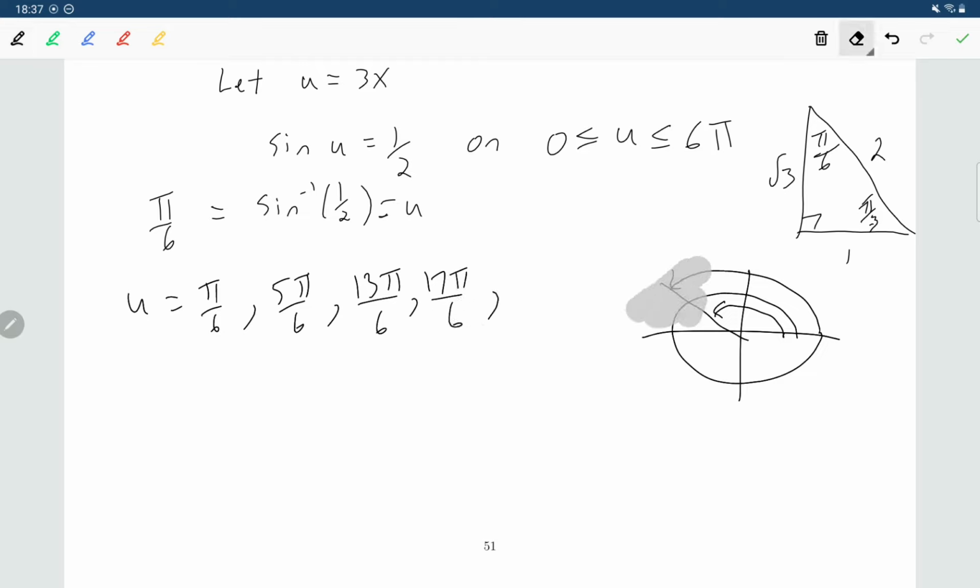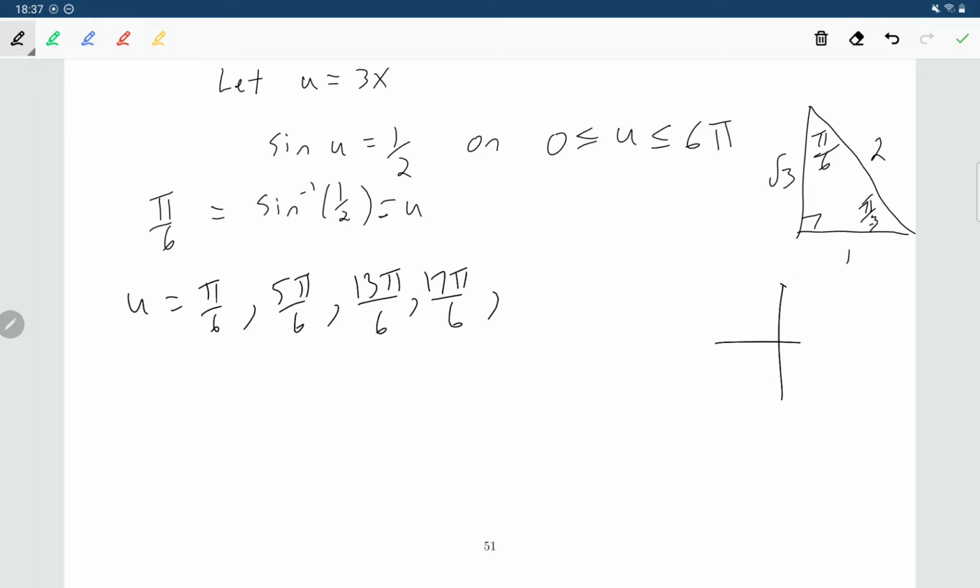And then we could say the same thing about 2 full revolutions: instead of pi over 6, you could have 4 pi plus pi over 6, which is 25 pi over 6. And finally, instead of 5 pi over 6, you could also have 2 full revolutions, 4 pi plus 5 pi over 6, which is 29 pi over 6.